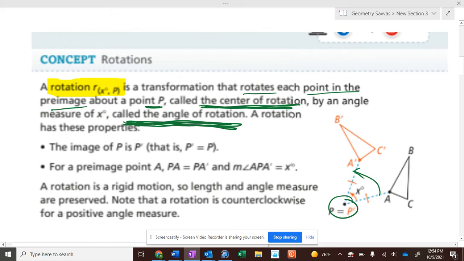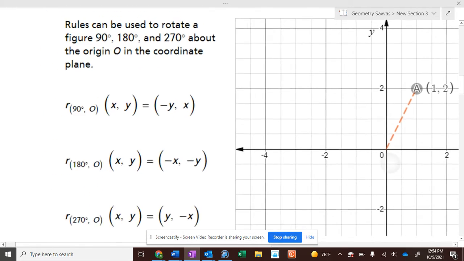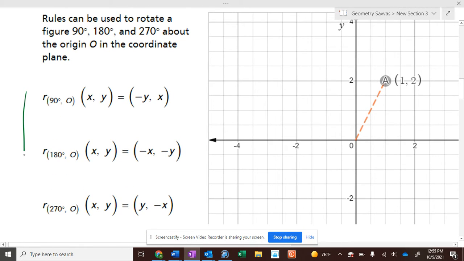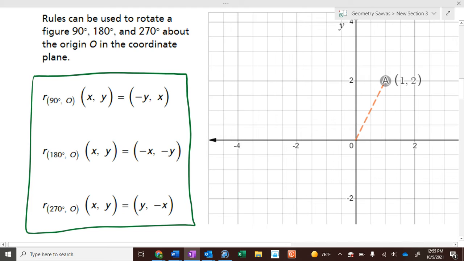Now, for most of ours today, we're going to rotate around the origin, and we're going to rotate a very nice number of degrees. We'll either rotate 90, 180, or 270. So this chart, I want you to write down in your notebook or somewhere because that is very helpful. If you rotate 90 degrees around the origin, you just flip-flop the ordered pair and make what was y the opposite sign.